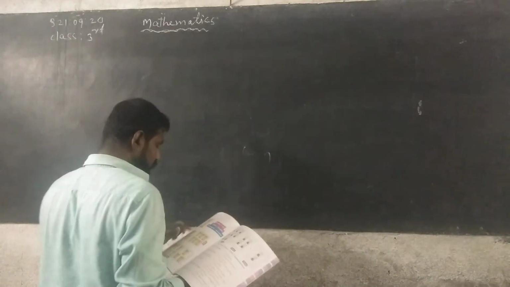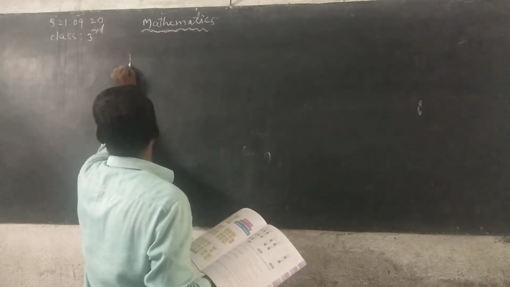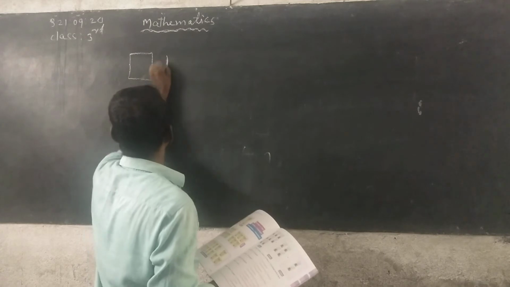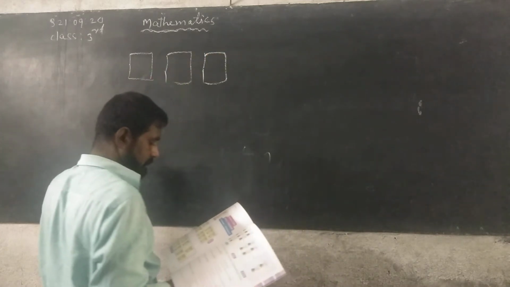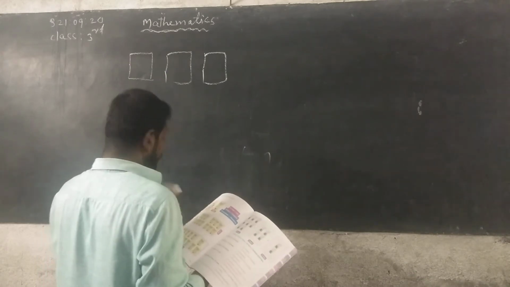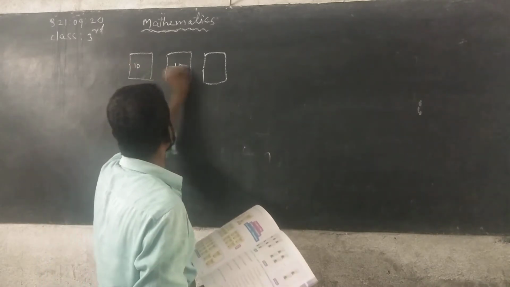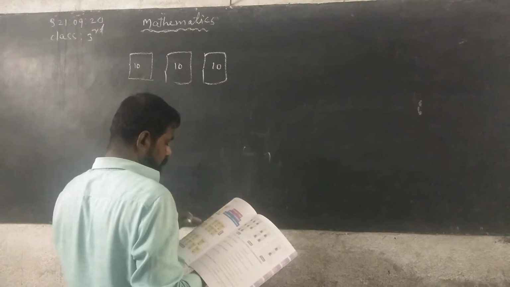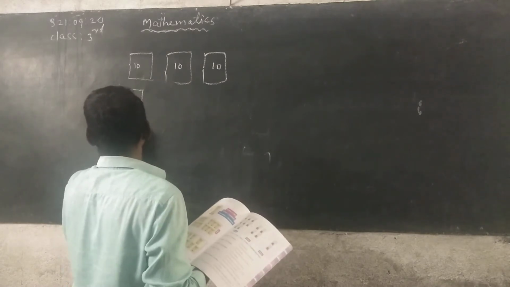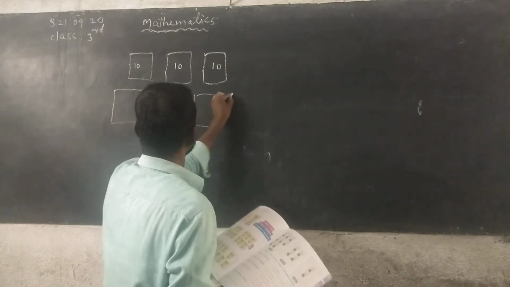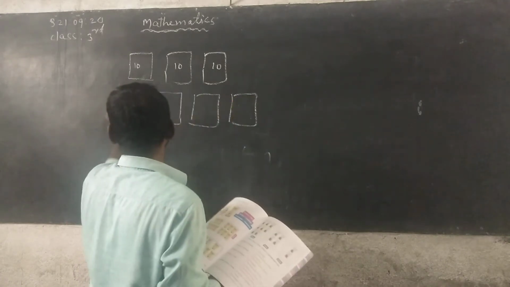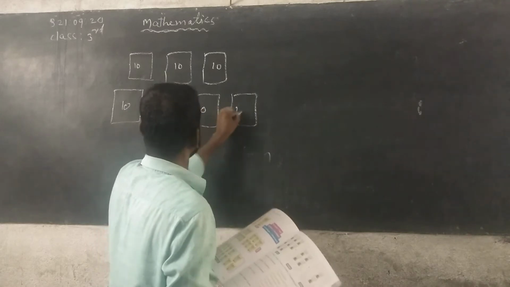So here 1, 2, 3, so here only 10, 10, 10. 1, 2, 3, 4: 10, 10, 10, 10.